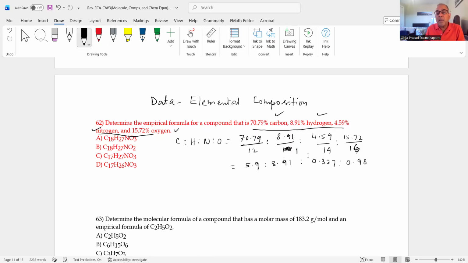Then what you do is look at all the numbers that you found and see which one is the least number. Out of these 4, this is the least number, 0.327, which corresponds to the quantity of nitrogen. Then divide all of them by the same smallest number. Why? You will understand in a minute.